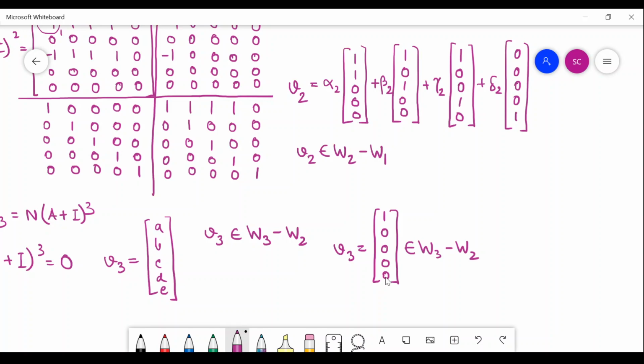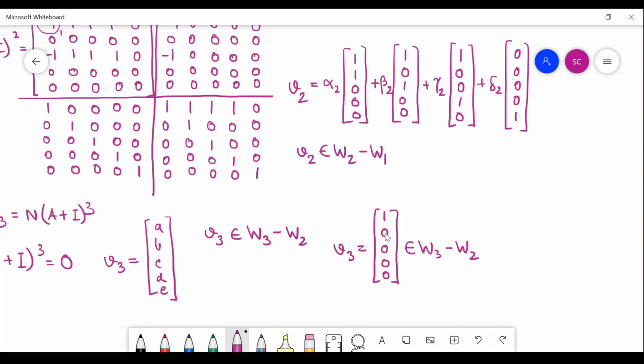Look at the basis vectors of W2 again and verify for yourself that in no combination of these basis vectors will you be able to get this V3 that you have chosen. So no alpha 2, beta 2, gamma 2, delta 2 will give you this V3. And there is a way to verify also, if you are unable to see from these basis vectors that V3 is independent of them.